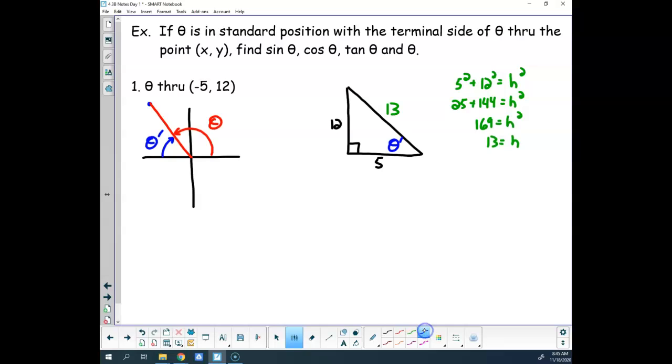So the tangent of theta prime is going to be the opposite side, 12, over the adjacent side, 5. Right? So theta prime is going to be the inverse tangent of 12/5.